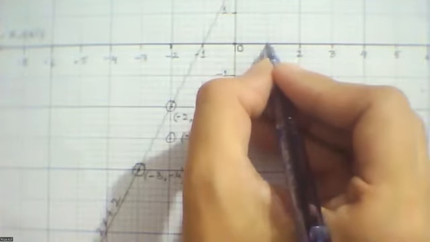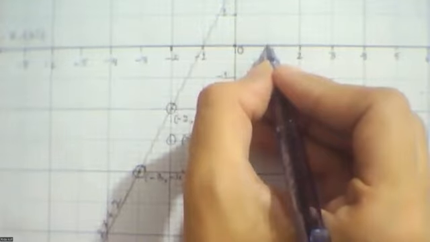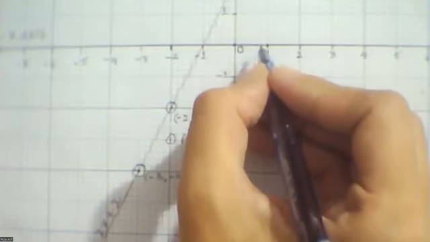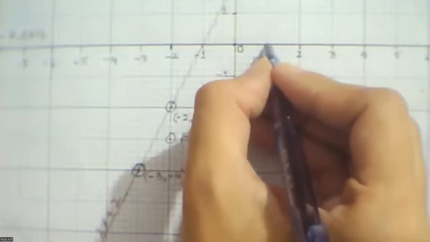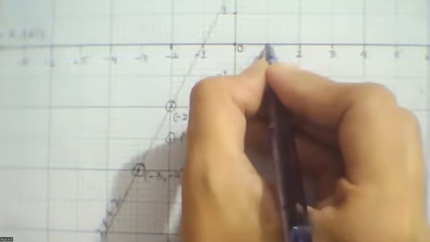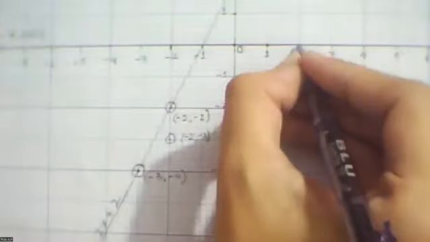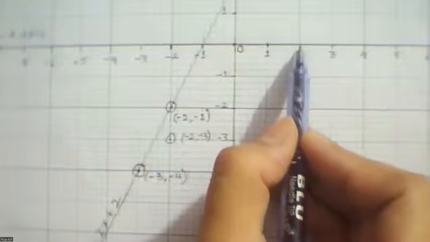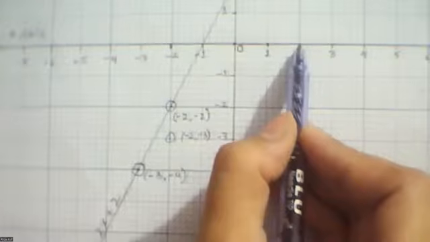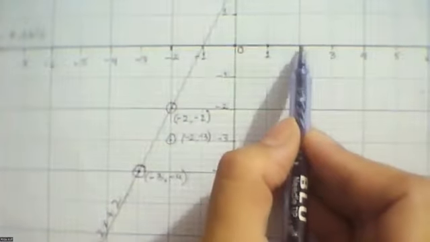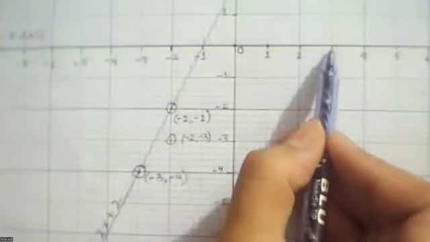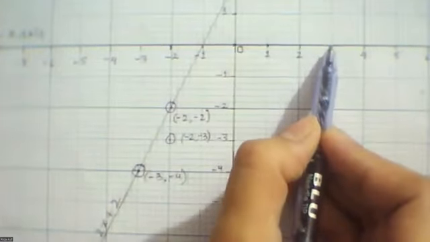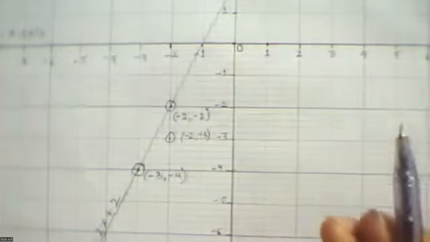If we have to plot the point 1, 0, we get the point 1, 0 here. If we have to plot the point 2, 0, the point will be mentioned over here on 2. What about 3, 0? Here, x is 3 and y is 0.